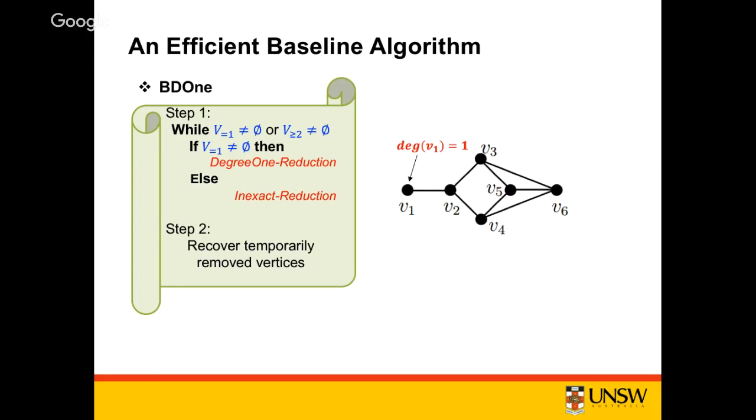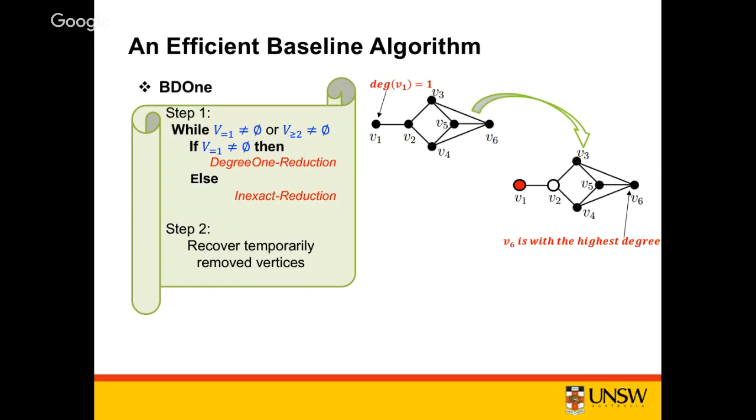The first one is our baseline algorithm. We just apply the very simple degree 1 reduction and also the inexact reduction. I will show you how the algorithm works by example. In this example graph, there's one vertex with degree 1, which is V1. By the degree 1 reduction, we remove its neighbor, V2, from the graph.